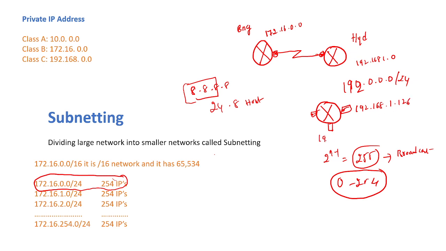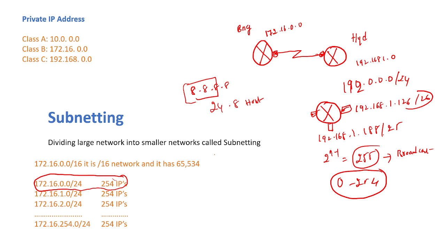Here you can put 192.168.1.126 slash 25, and 192.168.1.188 slash 26. When you write slash 26, it will consider 1 to 126 as a separate subnet, and 127 to 188 as another separate subnet. So you have a single subnet of 254 IP addresses, and you are further dividing it into small networks, because the router should expect a different subnet on each interface.